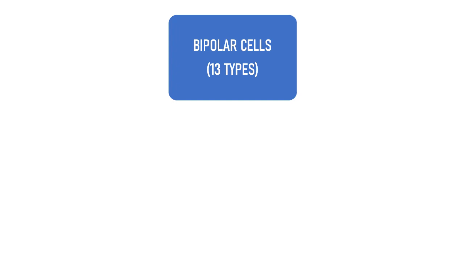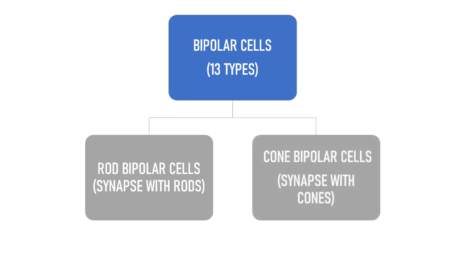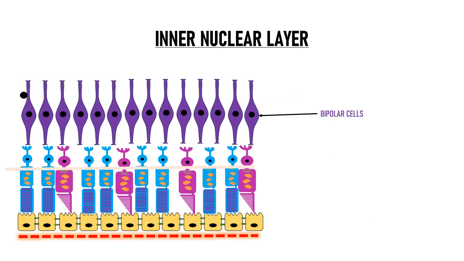There are 13 types of bipolar cells which can be subdivided into two categories. So there are rod bipolar cells which synapse with rods, and there are cone bipolar cells which synapse with the axon terminals of cones.